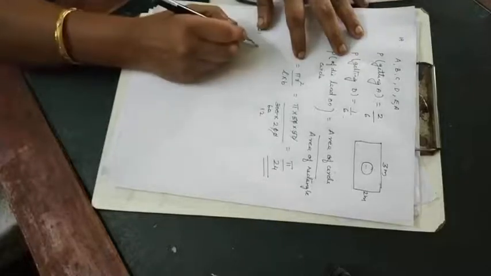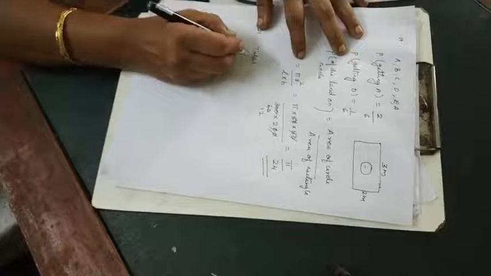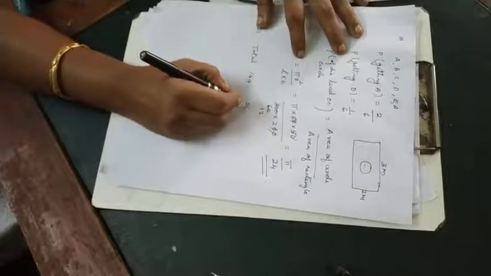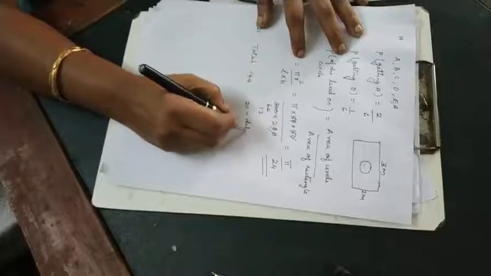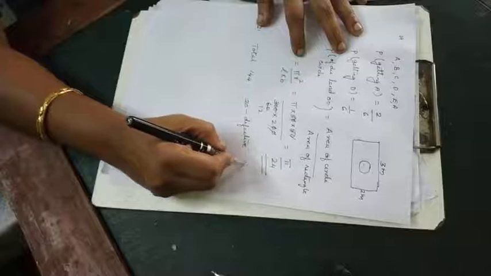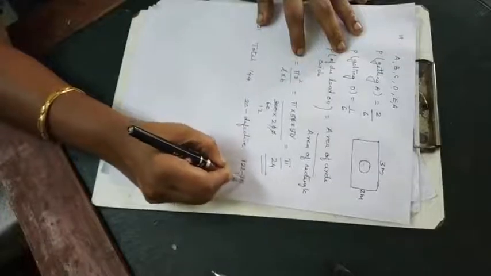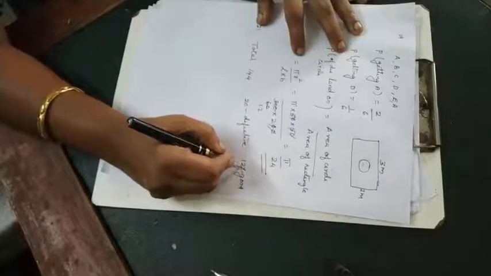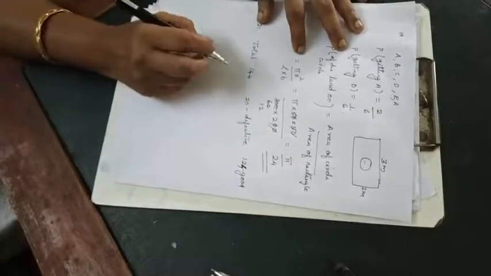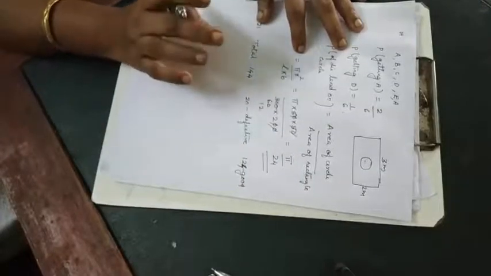So it is given 144 ball pens are there. Among that one 20 are defective. That means remaining 124 are good ones.